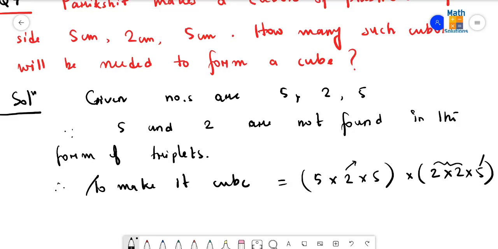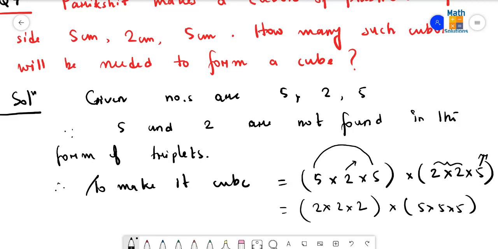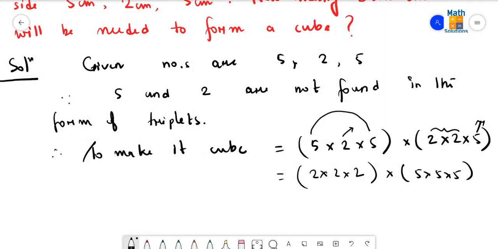Again this extra 5 is needed for making these two in the group of 3. So 2 into 2 into 2 into 5 into 5 into 5. So how many extra things we shall need? So of course very clearly this is the extra part we need here.